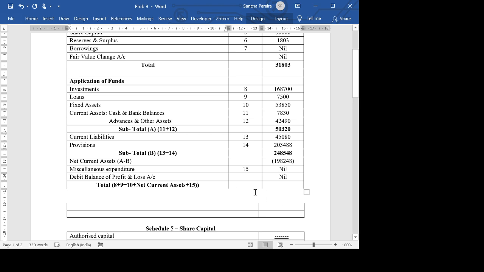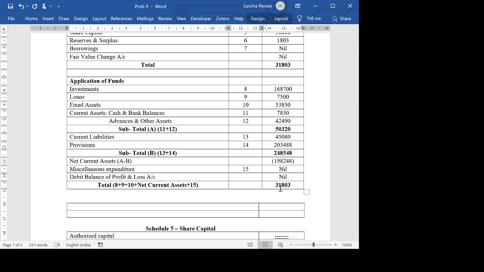There's nothing in debit balance of profit and loss account. So it's 1,68,700 plus 7,500 plus 53,850 minus 1,98,248. We don't take anything from 11. So it will come to 31,803. You can check it out.